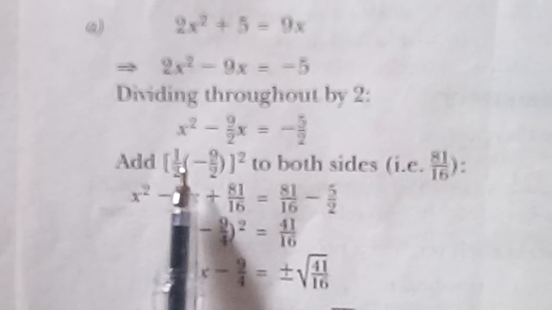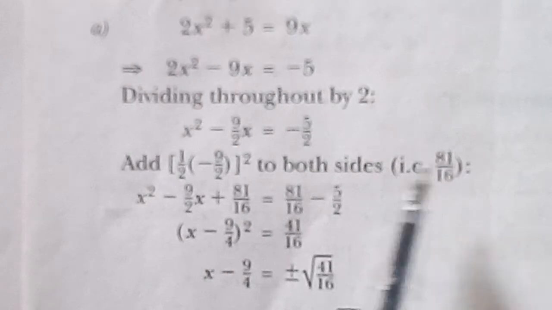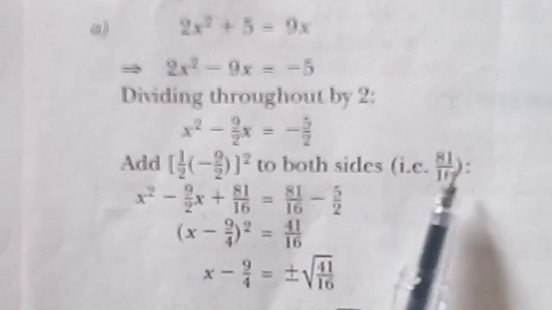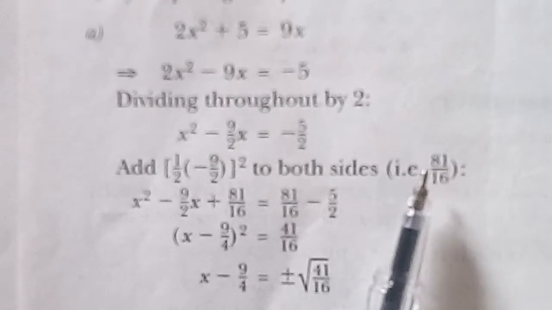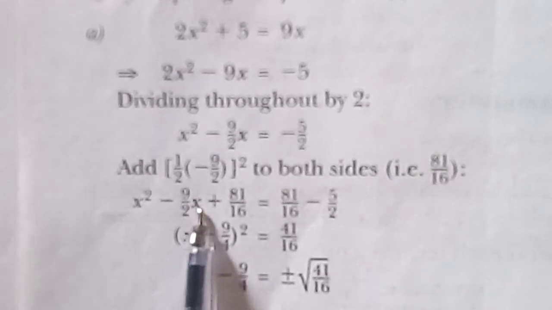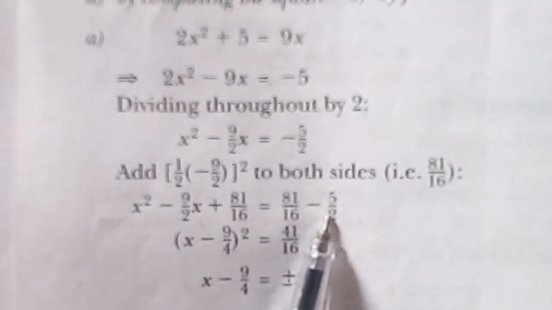So half of minus 9 over 2, all squared, will give us 81 over 16, and we add it to both sides. So we have x squared minus 9 over 2 x plus 81 over 16 equals 81 over 16 minus 5 over 2.